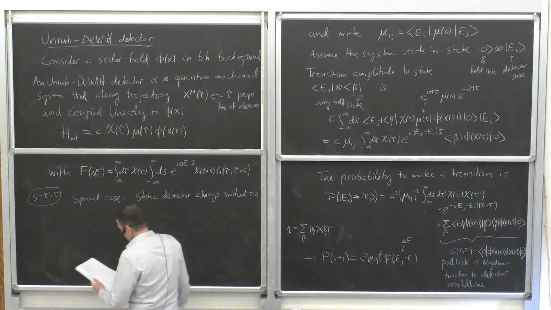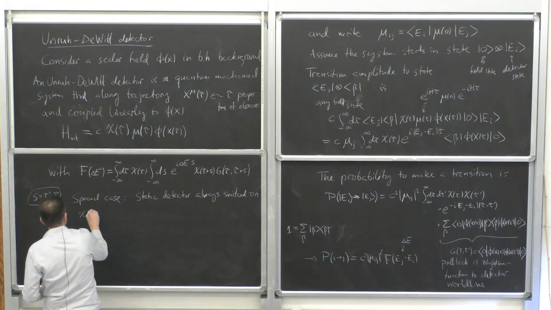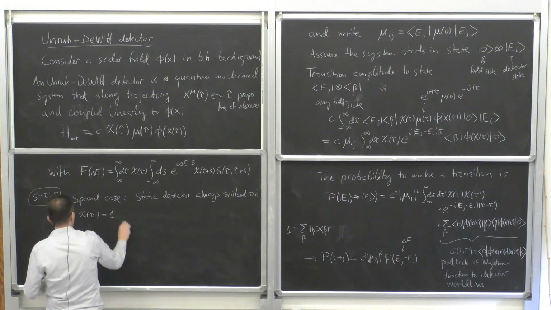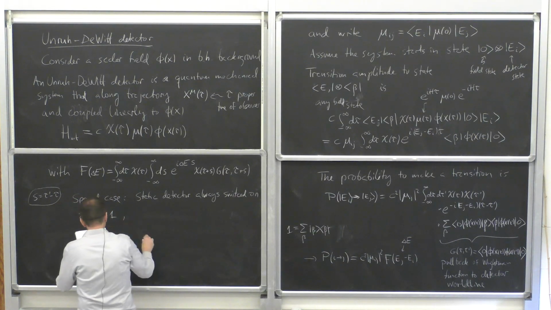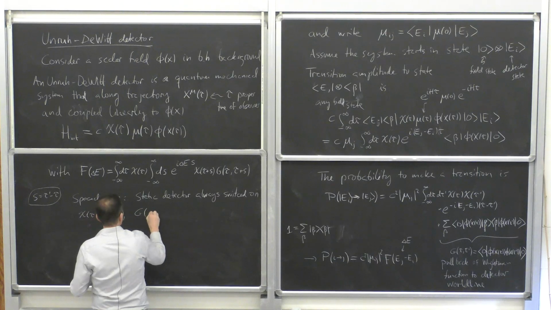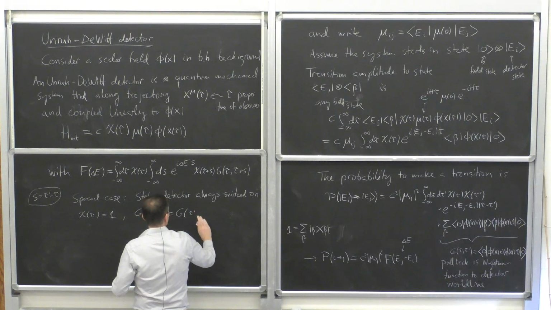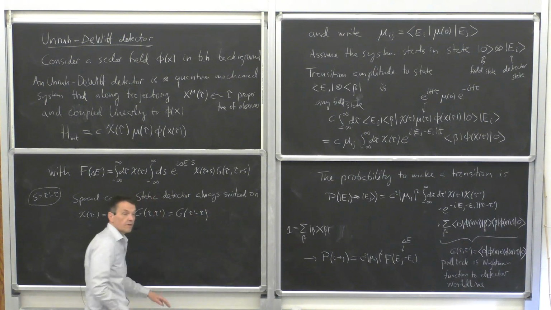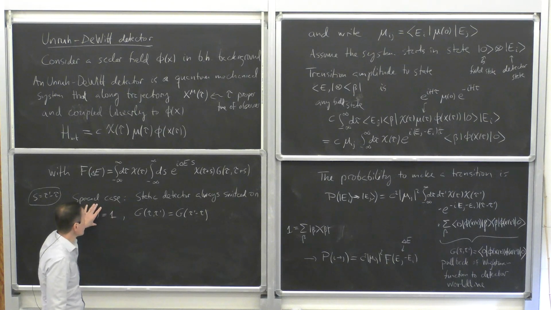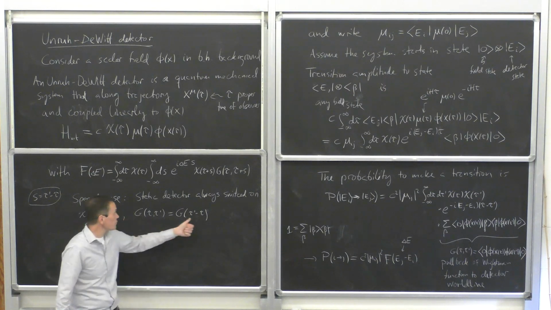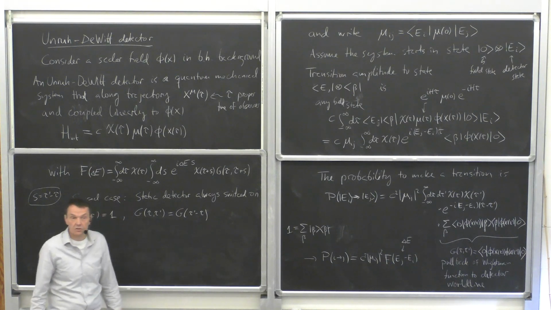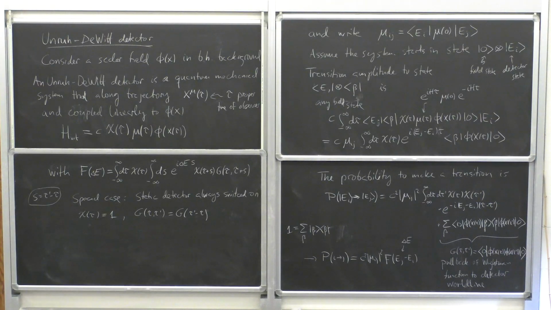That means that chi of tau is simply equal to 1. And that also tells us that g of tau prime is actually just going to be a function of the difference, because we're in a static black hole background, let's say, and our observer is not moving. So basically, time translation symmetry tells us that this is going to be the case.